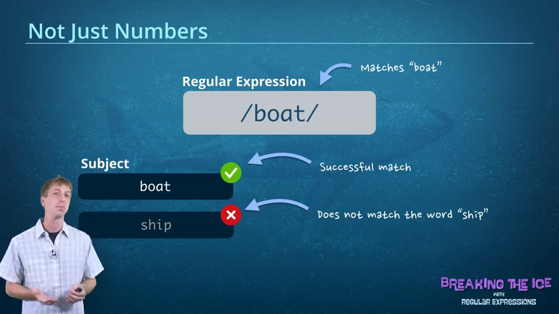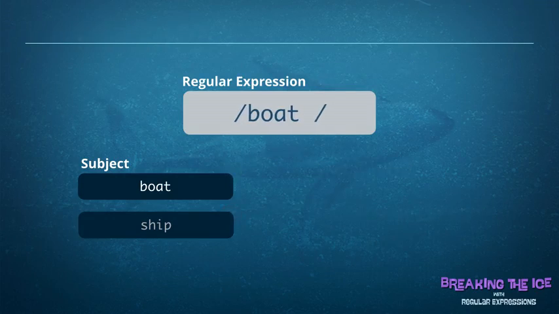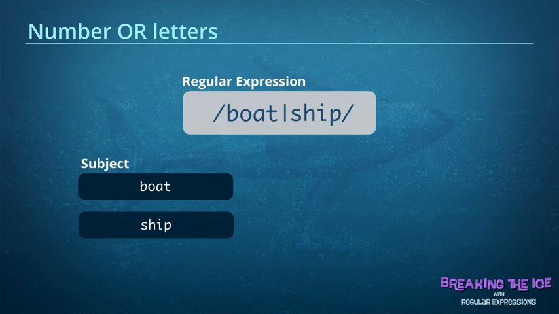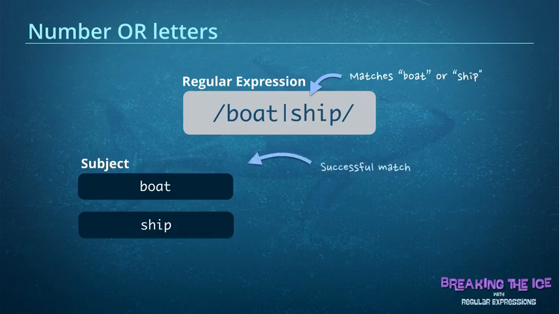How can we construct a pattern to match on both boat or ship? Much like our pattern with two different numbers, 407 or 321, we can use two different words with an or operator to match either boat or ship, and we get a match on both.